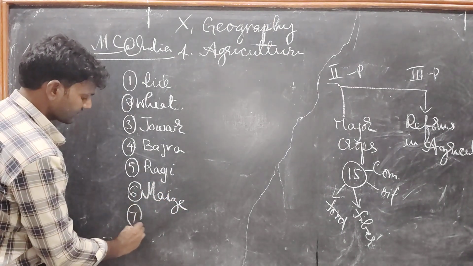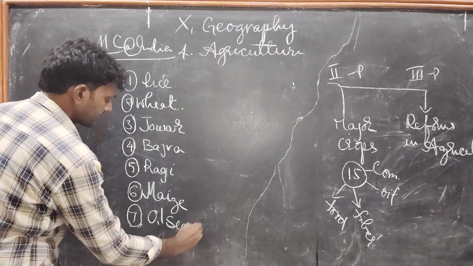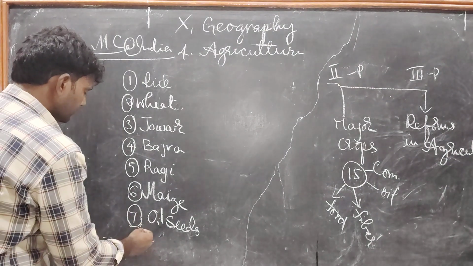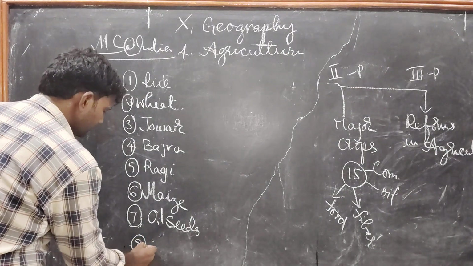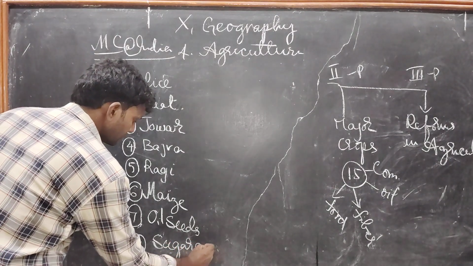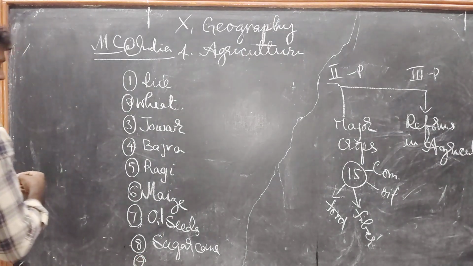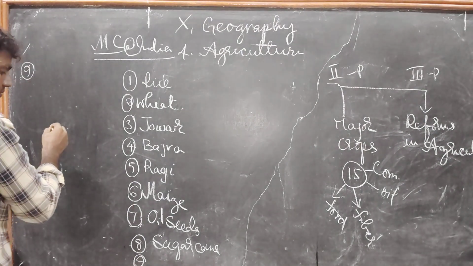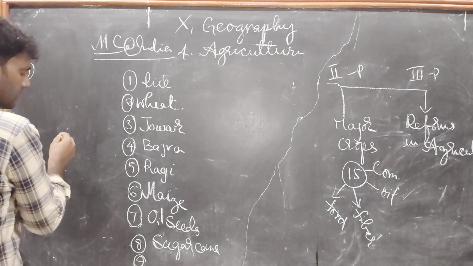Seventh one, oil seeds. Eighth one, sugar cane. Ninth one, pulses.